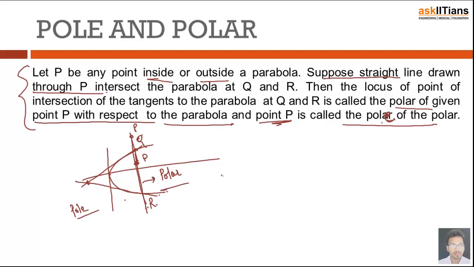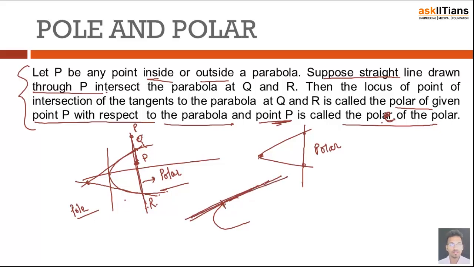So what I mean to say is that if I am having a point, if I draw tangents from that, if the point is outside we can draw two tangents, then the chord of contact will be the polar. Or if the point is lying on the parabola, then only one tangent will be there. So with respect to this point, the polar will be a tangent.